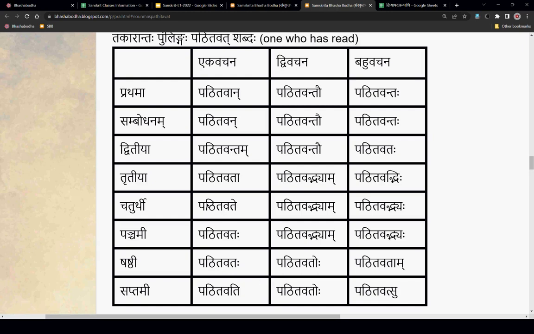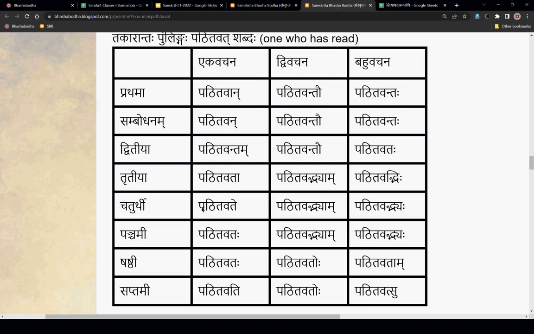So we can say Saha Patitavan Balakaha Asti. Simply, Saha Patitavan Balakaha. What does that mean? He is the boy who has read.